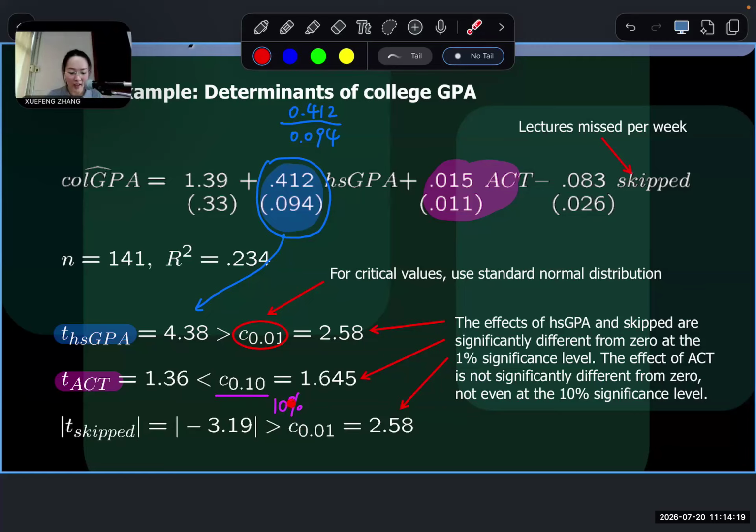And here, we're going to use the two-sided testing to test our skipped. Okay, so you see here, we use the absolute value of T skipped, which is negative 3.19 in absolute value, and it's greater than our critical value at 1%, 2.58.